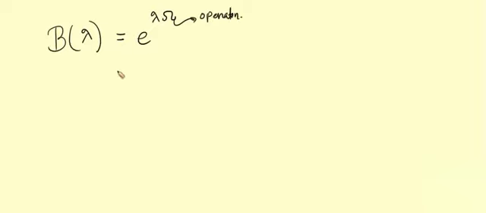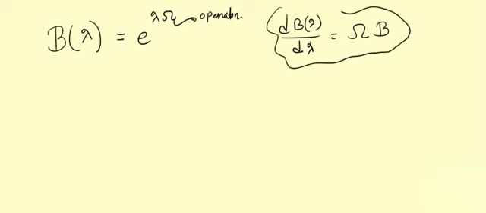At first it may seem that if you just calculate dB, which is a function of lambda, this should give you omega times B. This is what you might think, but let's try to check whether this is true or not. Is this true?